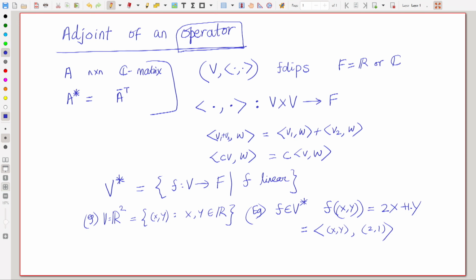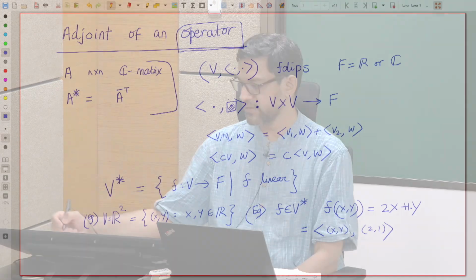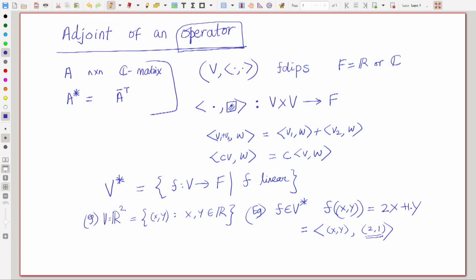So in a sense this linear functional has a certain relation with the inner product: you fix the second component of the inner product to be (2, 1), and then vary the first, and you get something linear. This linear functional happens to be the one you get from the inner product when you fix the second component to be (2, 1).